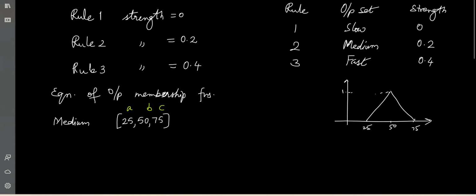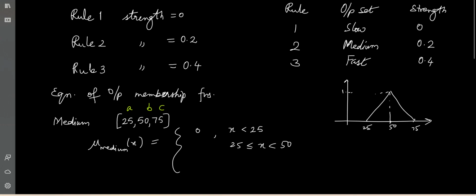Now, the value of any variable x for this medium category can be understood similarly. It is 0 if obviously the x value or speed value is less than 25. And between 25 to 50, this one peak value, it is a rising graph.